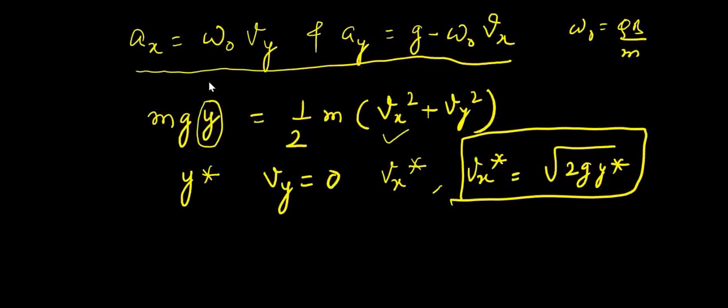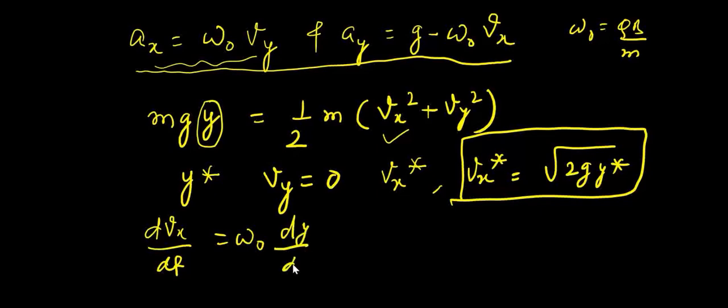And now we can use this equation as well. Writing ax as dvx by dt, with omega naught, and vy as dy by dt, and cancelling dt from both sides, we can write the equation as dvx equals omega naught dy.